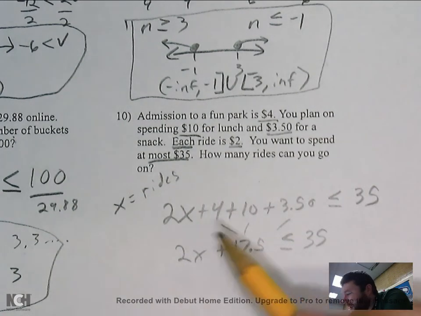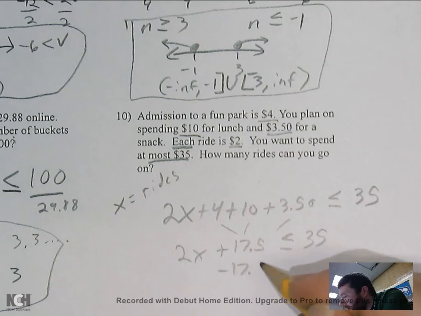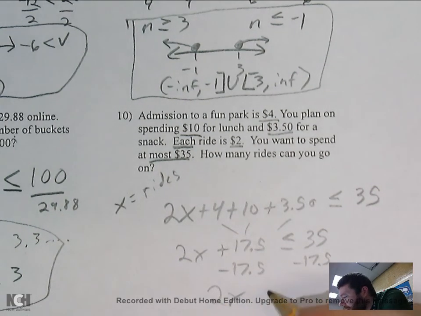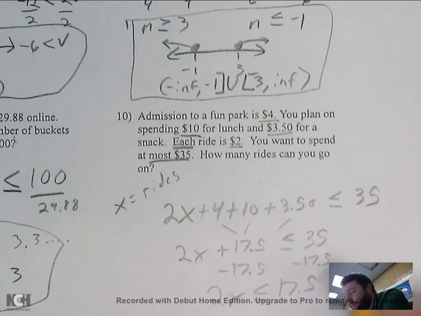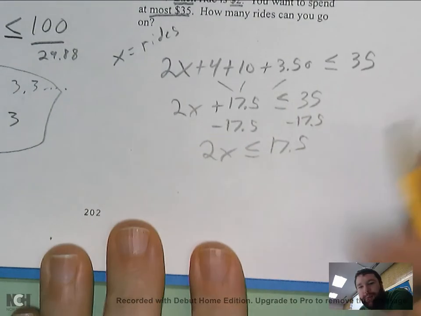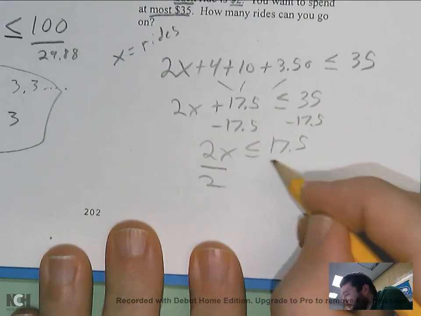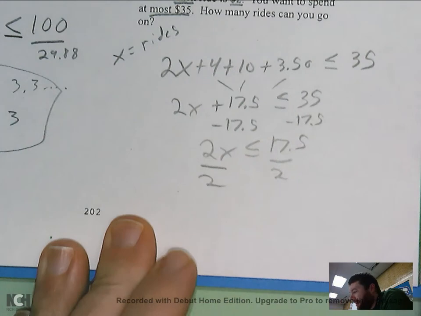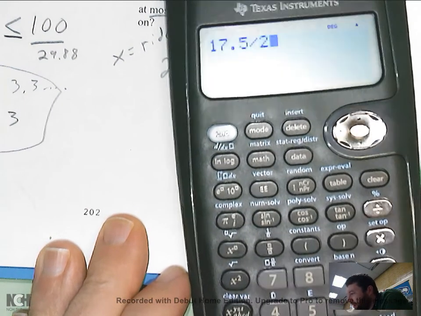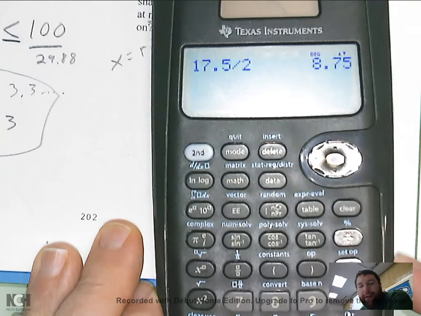So then it's just a two-step inequality, minus 17.5 from each side. That gives you 2x is less than or equal to 17.5. And then the last step here is we're going to divide by 2. And 17.5 divided by 2 is 8.75.